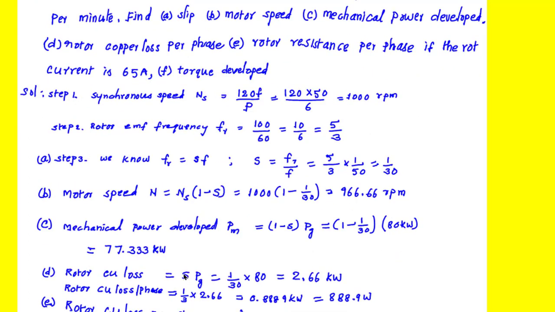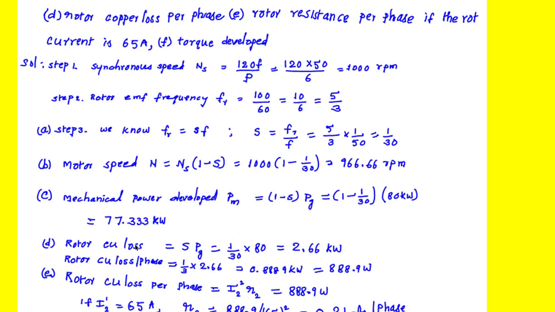So then, what is the rotor copper loss? Rotor copper loss has the relation with the air gap power, that is equal to s into Pg. The slip value we know, that is 1 by 30, and the air gap power is known, that is 80 kilowatts. So 1 by 30 into 80 will give us 2.66 kilowatts.